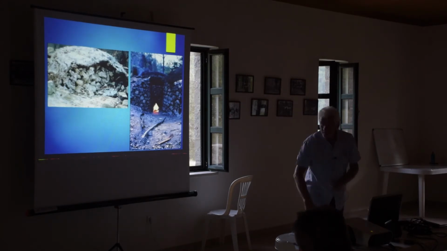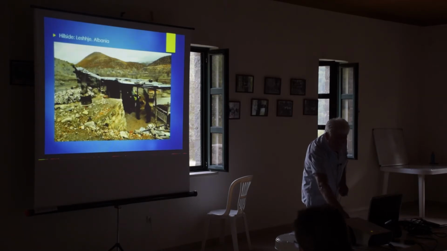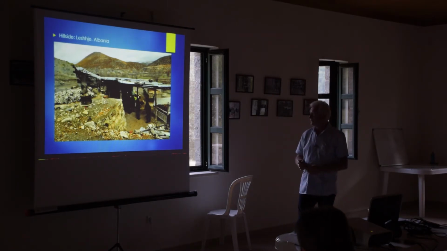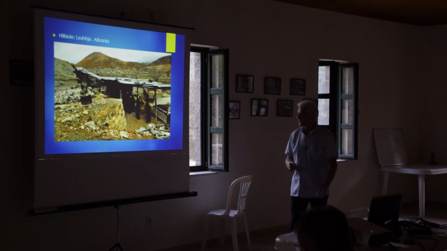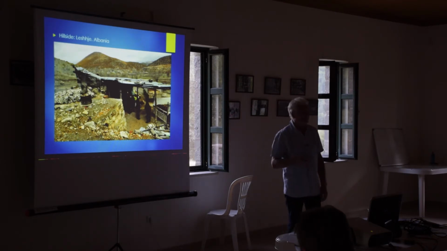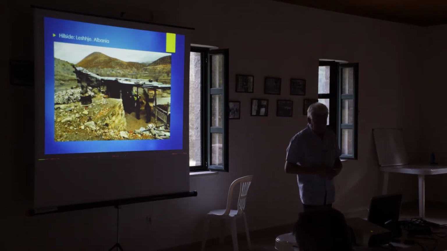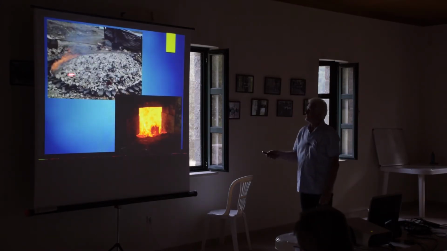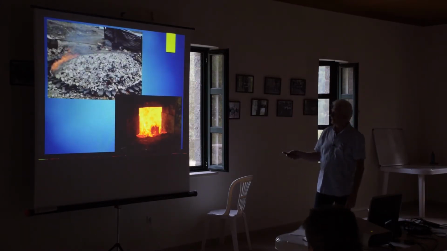It's clear. Okay. This is last year. I was working in Albania, in Korça, and we were lucky enough to find a kiln that was actually being fired while we were working. So this is what it looked like. This is what it was like on top. And the fire was so intense, it was coming up through.